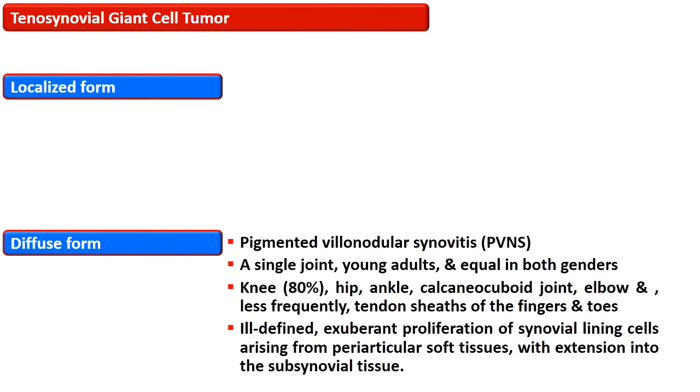However, the hip, ankle, calcaneocuboid joint, elbow, and less frequently the tendon sheath of the fingers and toes are also affected. The diffuse form is an ill-defined exuberant proliferation of the synovial lining cells arising from the periarticular soft tissue with extension into the subsynovial tissue.